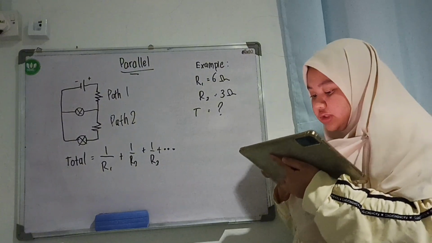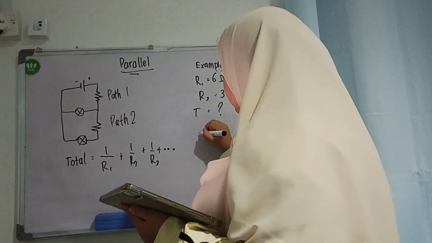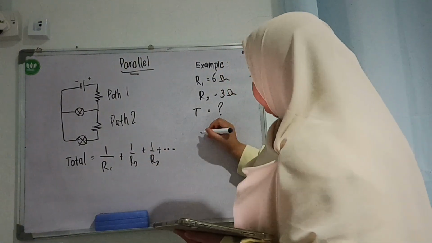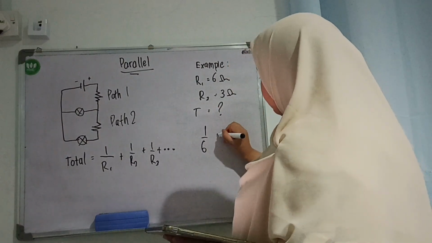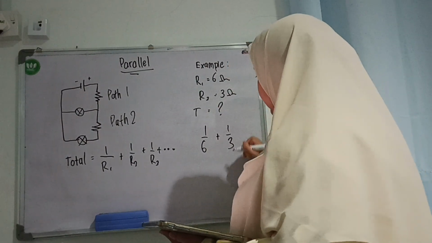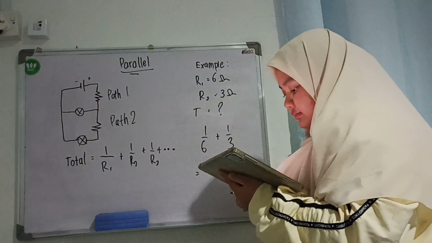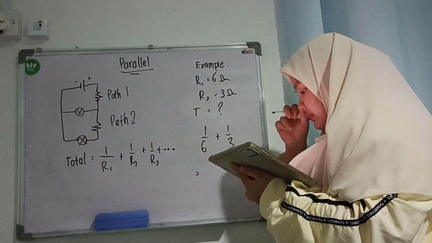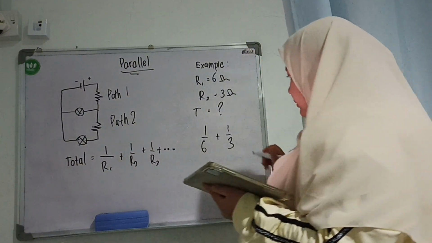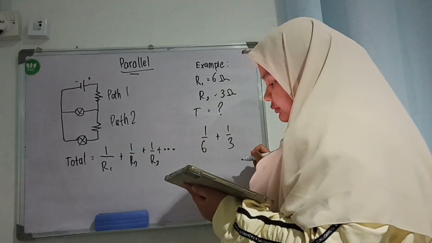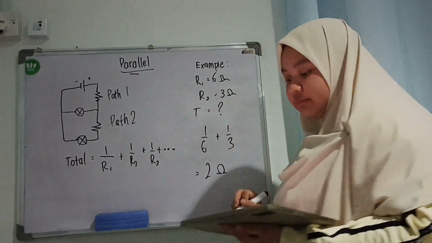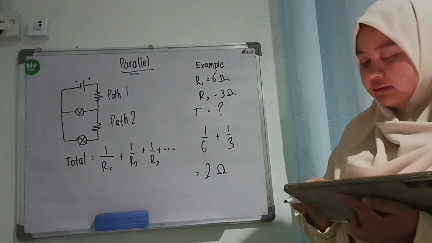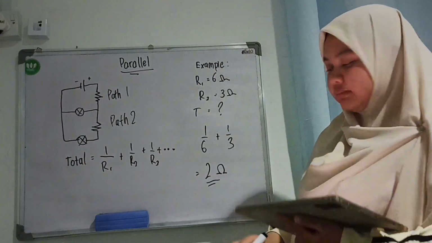So the solution, following the formula: 1 over R1, which is 6, plus 1 over 3, is equal to 2. This is the total.